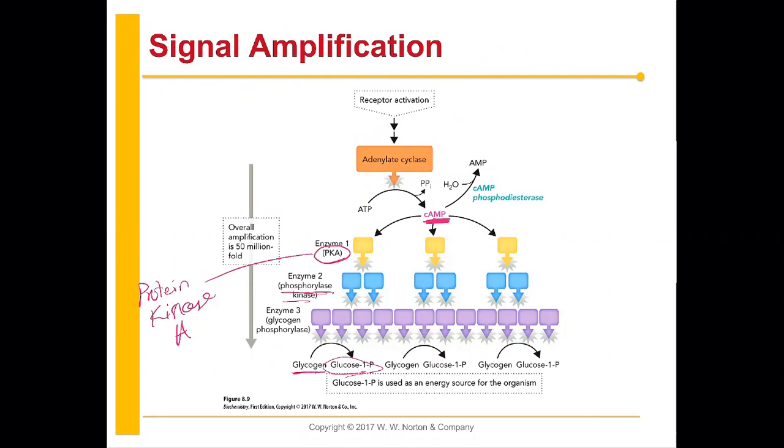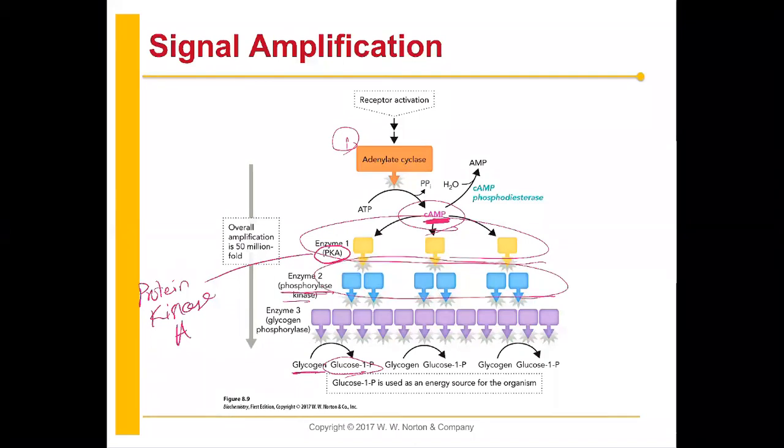You had one adenylate cyclase enzyme that was activated, just one. Then that's going to generate, oh, I don't know, 100 cyclic AMP molecules. Those 100 cyclic AMP molecules are going to activate 50 PKA molecules. Those 50 PKA molecules are going to activate 5,000 phosphorylase kinase molecules.